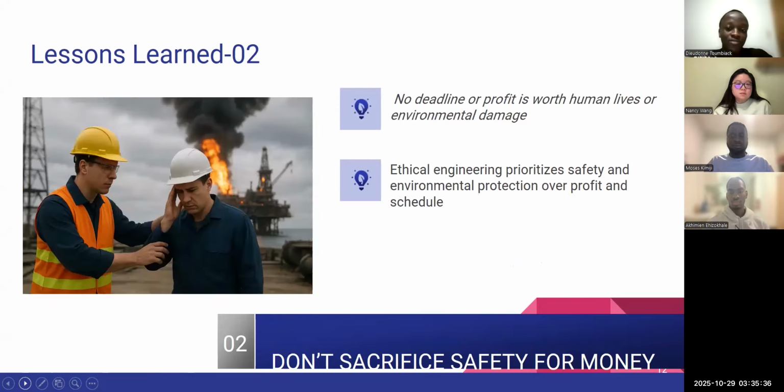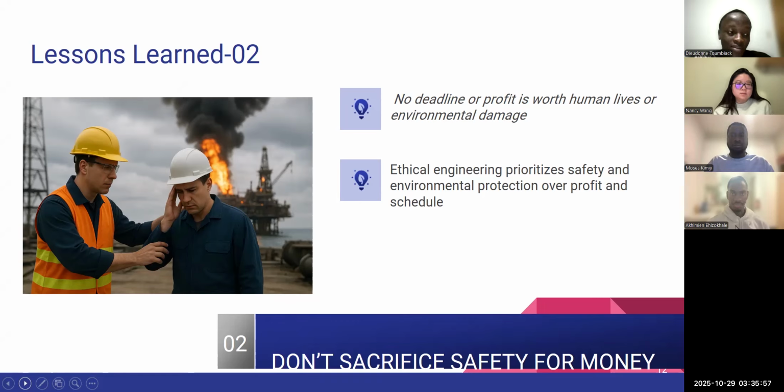The second lesson we're going to learn is not to sacrifice safety for money. Like in this Deepwater Horizon case, BP was already over 43 days behind schedule, and each day was $1 million. So there was a lot of pressure from the management team to get the work done, and they had to skip a lot of standard procedures.